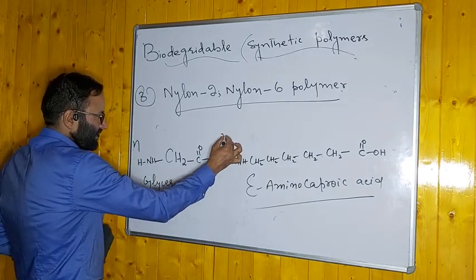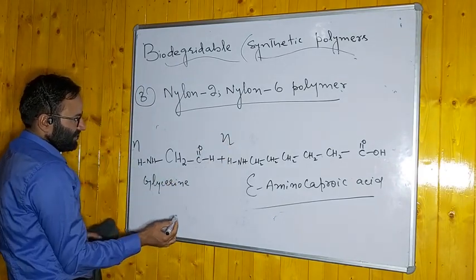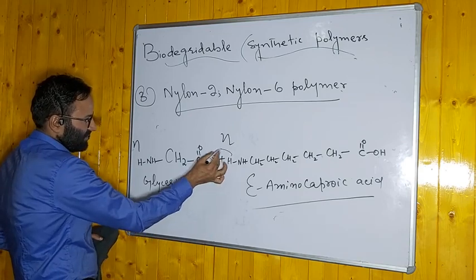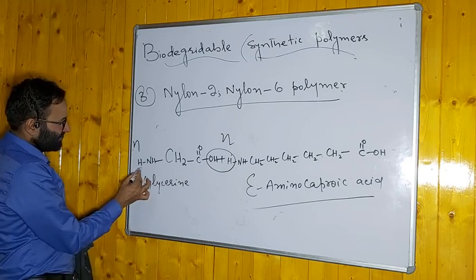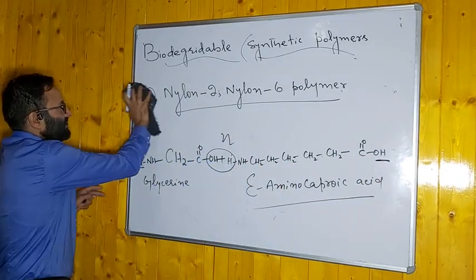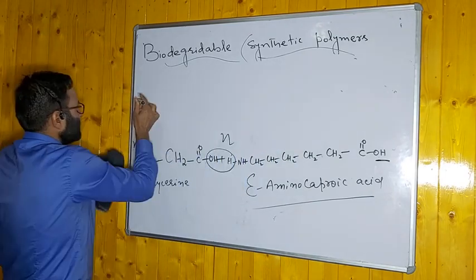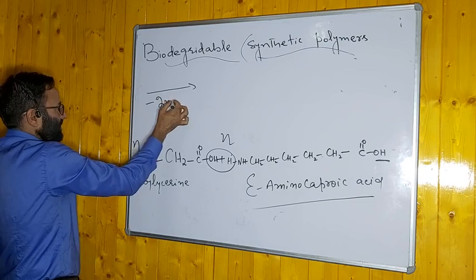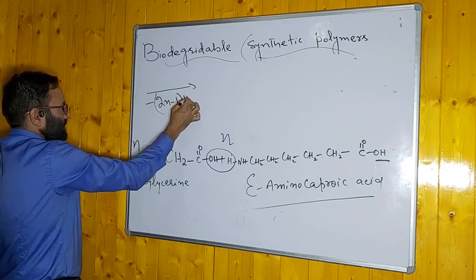It will also be n times. Here there is OH because it is a carboxylic group. Water will come out. H from this will come out. OH will come from this. It means that it is also a condensation polymer.